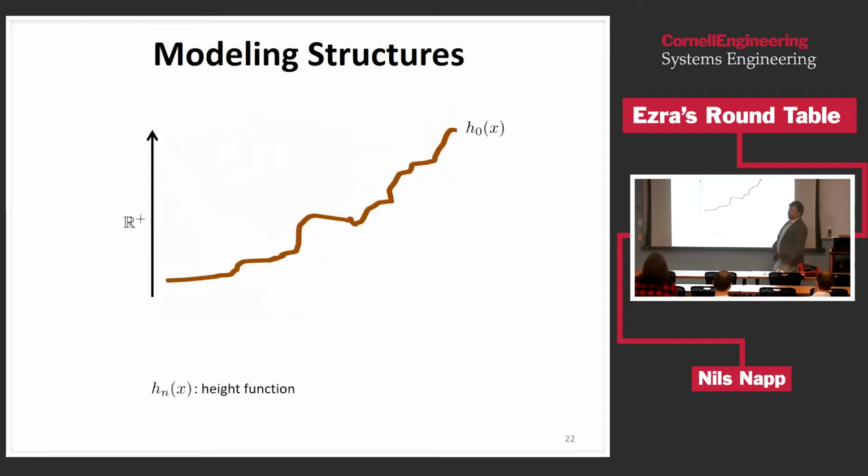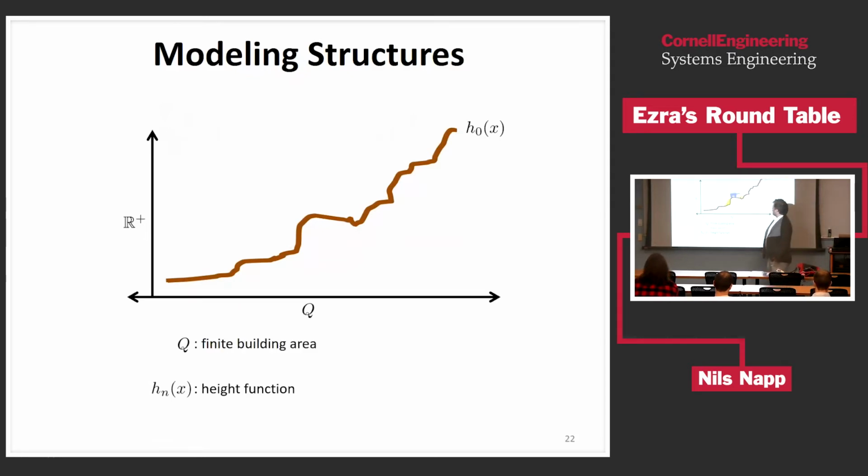But they can be arbitrarily wiggly, with no special continuity assumptions. So it's a pretty general model that allows us to capture much more complex environments than we would be able to using finite discrete elements. Then we say the robot has a particular location on this building domain Q. It's able to modify the environment and turn the previous height function h0 into height function h1.